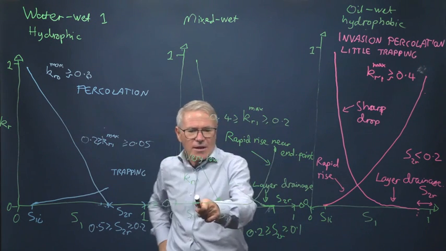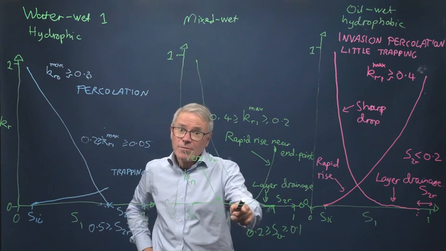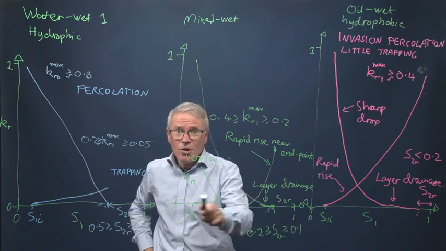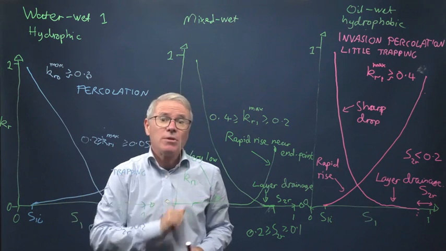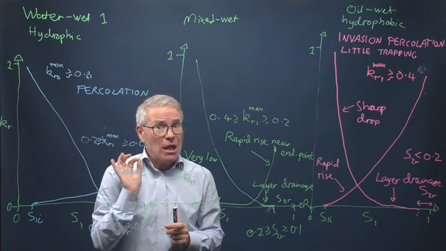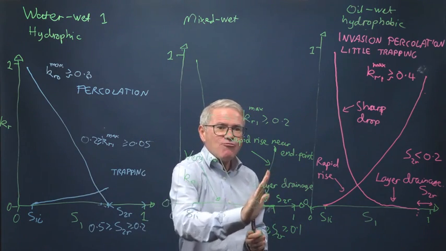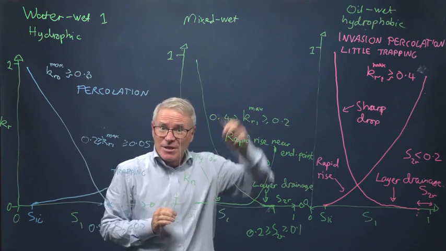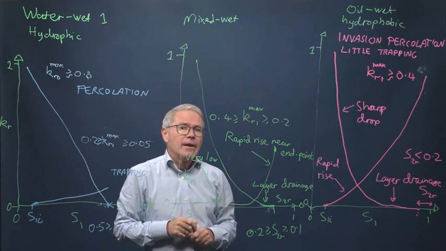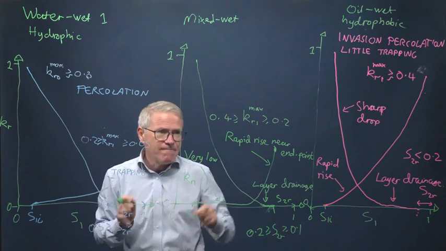So the two features here are a very, very low relative permeability of phase 1, and by that, not somewhere intermediate, actually below what you'd see in a water-wet medium, okay? Below. Then you see a very rapid rise near the endpoint. You see an almost sort of vertical type relative permeability. Something shoots up.